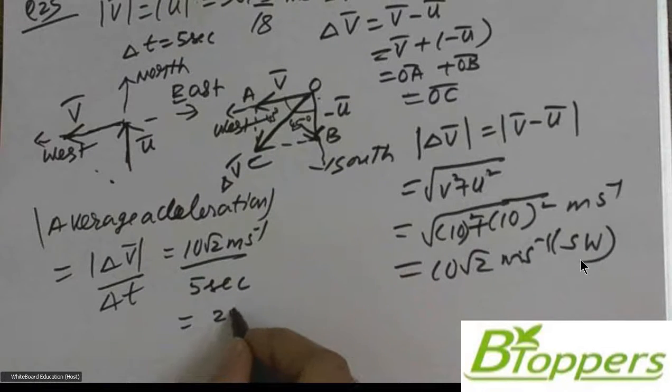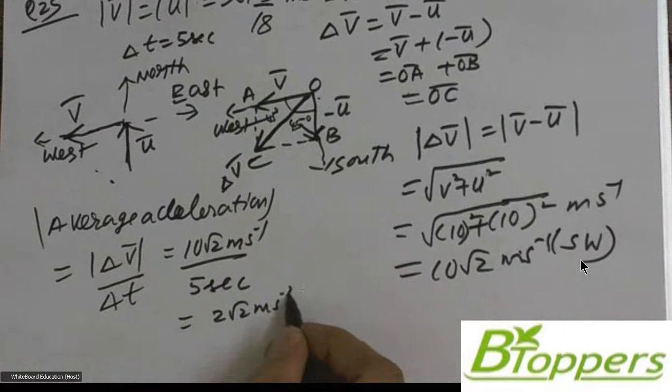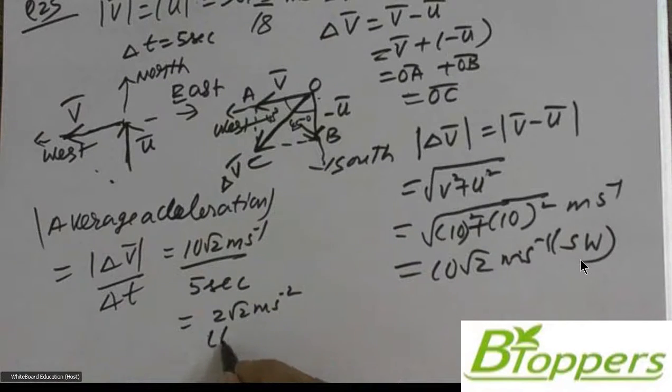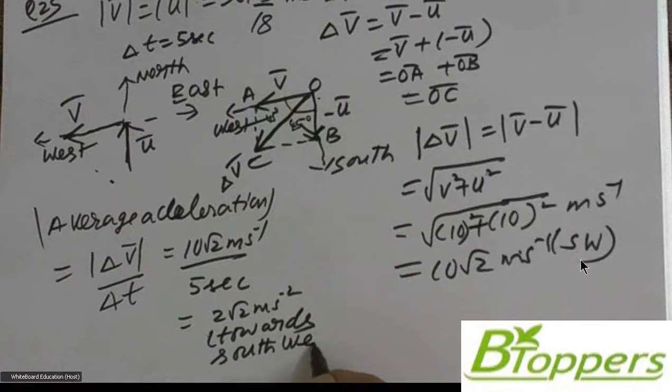That will be 2 root 2 meter per second square. The direction of the average acceleration is the same as the direction of change in the velocity, which is towards southwest. So the answer is 2 root 2 meter per second square towards southwest.